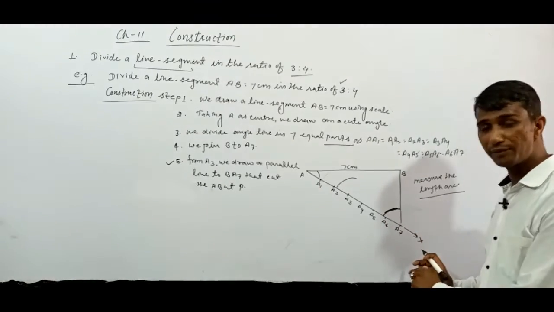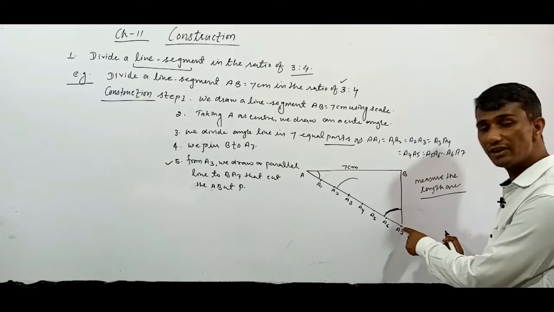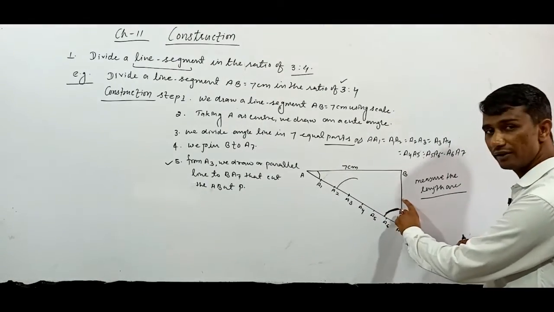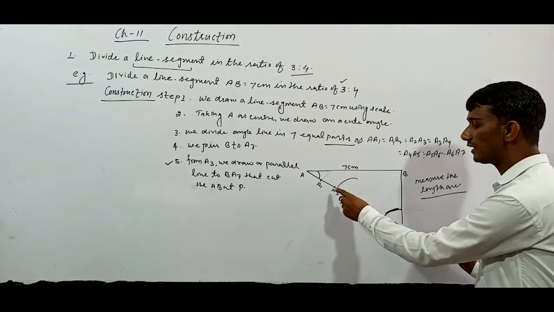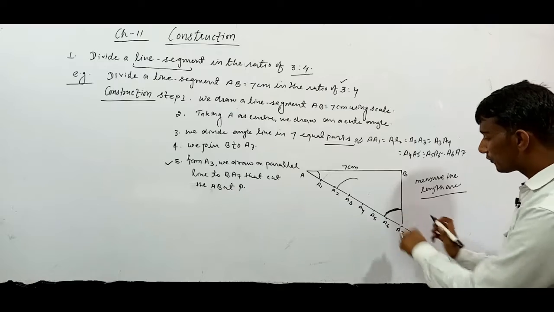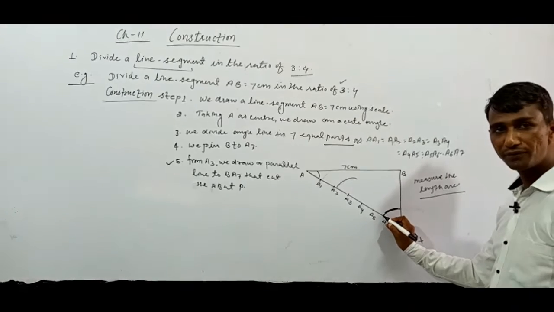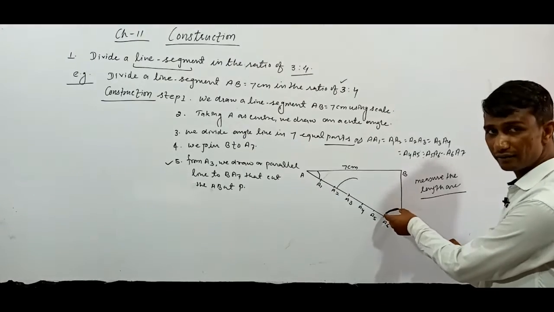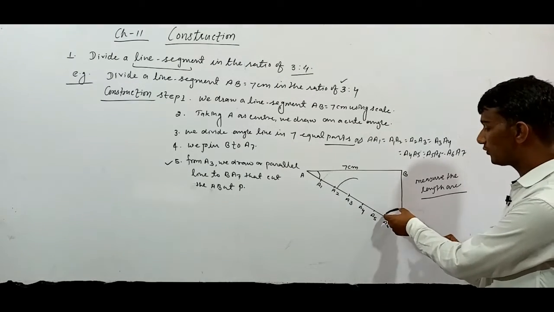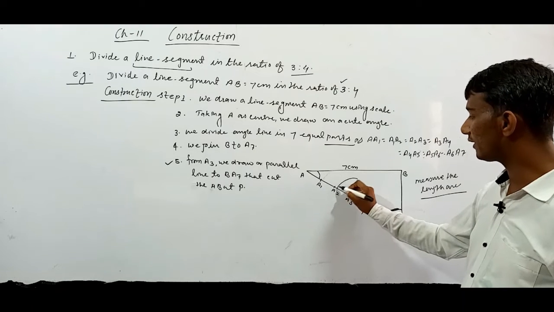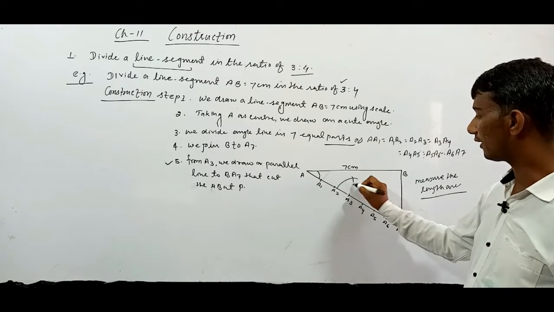First, again I am telling you, taking A7 as the center, open the compass to any radius and draw an arc. Using the same radius, taking A3 as the center, draw an arc. After that, from this point, you have to measure the length of the arc, and using the same length, put the compass here and cut an arc.